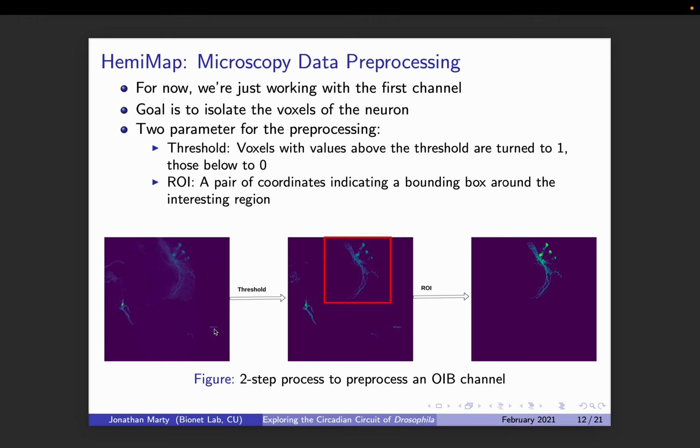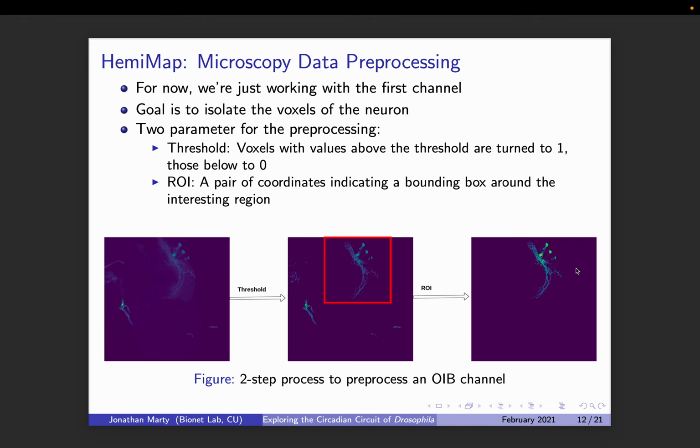We can see the result here. There are a couple of sections that are faintly above 0 that are removed by this. You can still see some weird bits left over, so to remove those, we set everything outside of this red box, this region of interest, to 0. Then we get this image here.